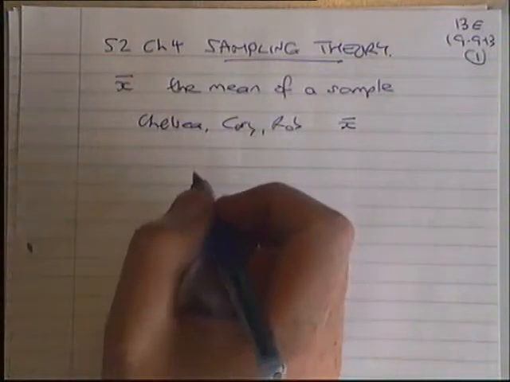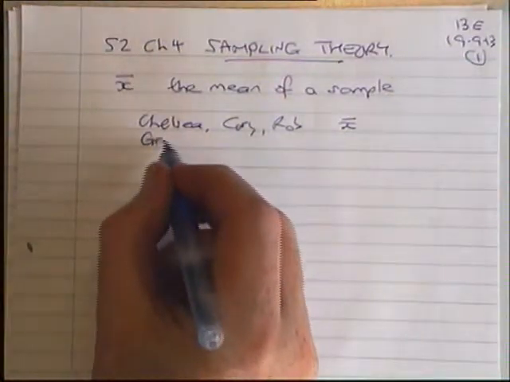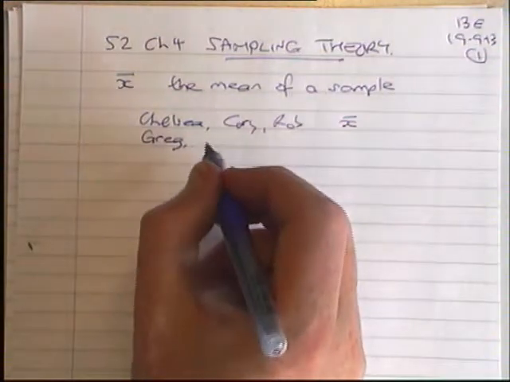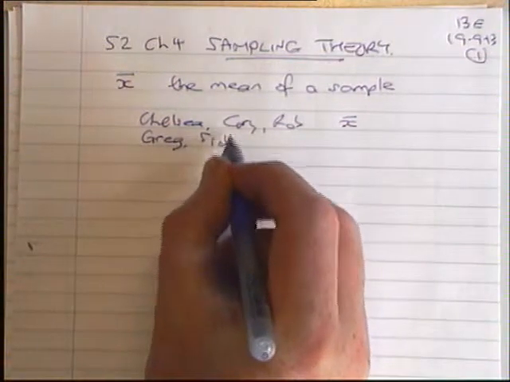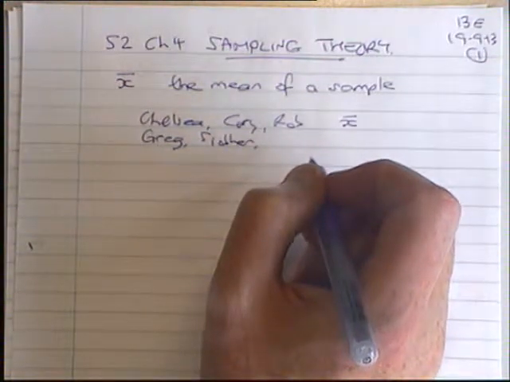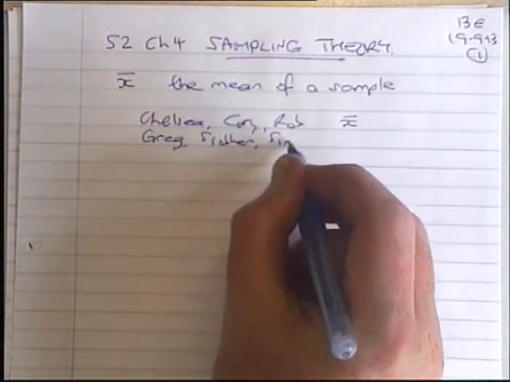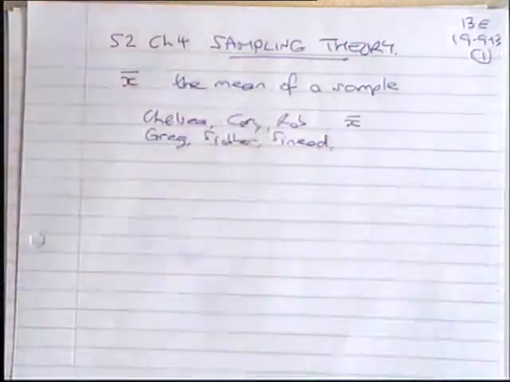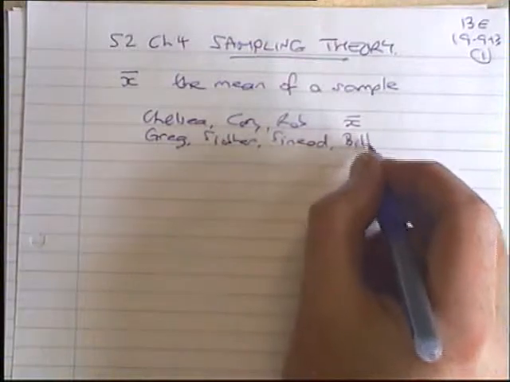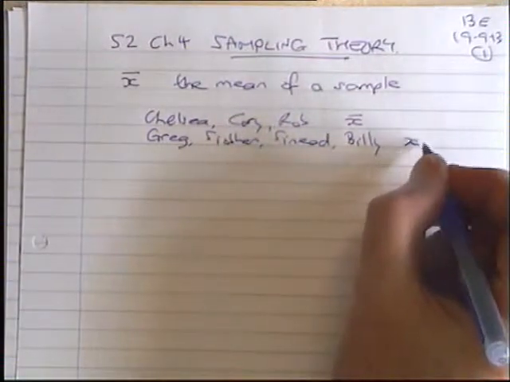However, if I had chosen different people, if I had chosen Greg, Siobhan, Sinead and Billy, I would have got a different sample mean.